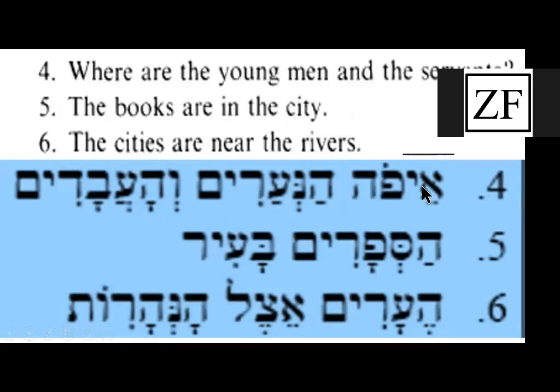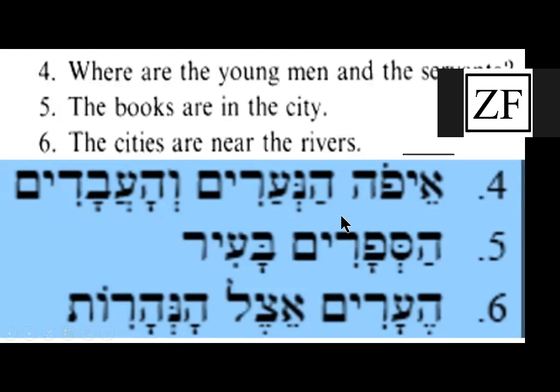Nashim is women, so ha-nashim, po, we would say women are here. Okay, Eifo is going to be where. Okay, young man would be Na'ar. Plural is Na'arim, and the is ha. So ha'na'arim, and would be ve. The servants would be ha avadim. Okay, so the ha'na'arim is going to be the young men and the servants. Okay, the word for books was sefer, so plural is seferim.